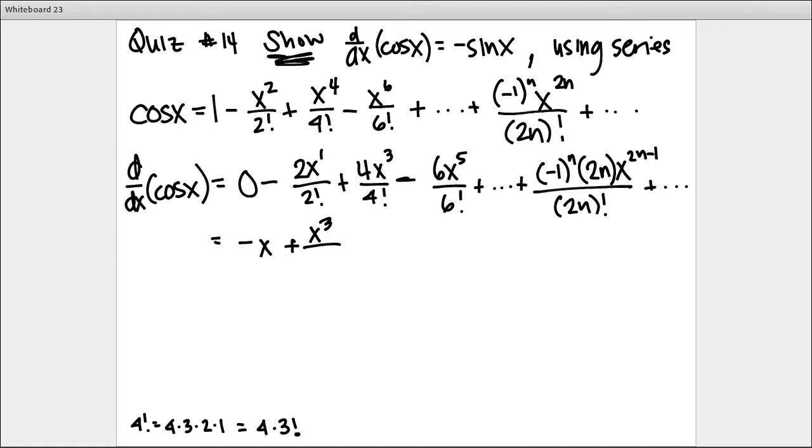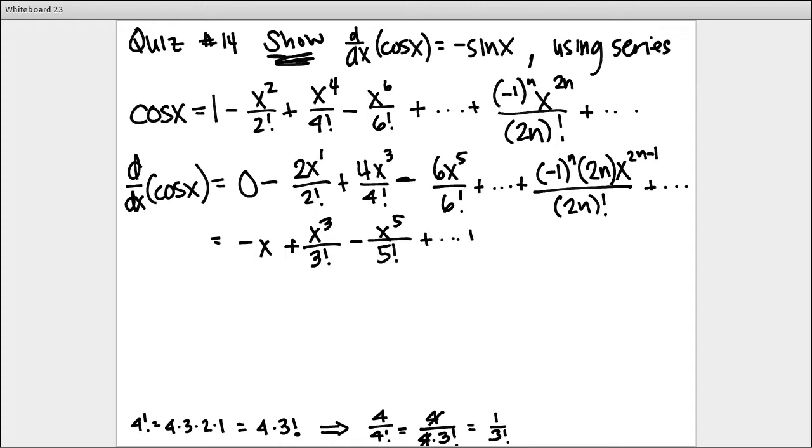So when I have a 4 over 4 factorial, it truly is 4 over 4 times 3 factorial, and the 4's cancel, so that you're left with just a 3 factorial in the bottom. Yay! So that's where I'm going to come up with x cubed over 3 factorial is what's left. And then a minus x to the 5th over, same reasoning, the 6 cancels, you're still left with 5 factorial.